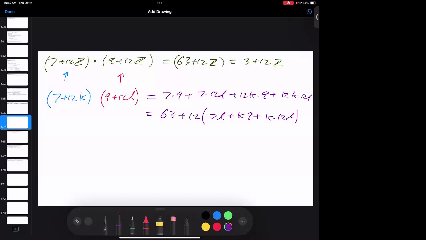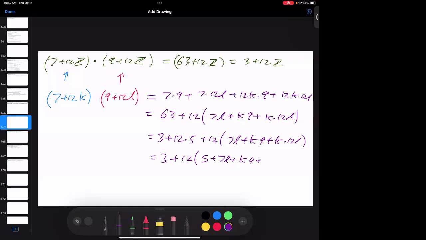So this is equal to 3 plus 12 times 5, plus 12 times (7l plus 9k plus 12kl), or 3 plus 12 times (5 plus 7l plus 9k plus 12kl). And then you just do a little bit of work just so that you can get anything you want. Now, these sets really are the same.